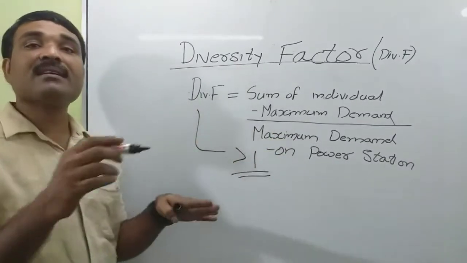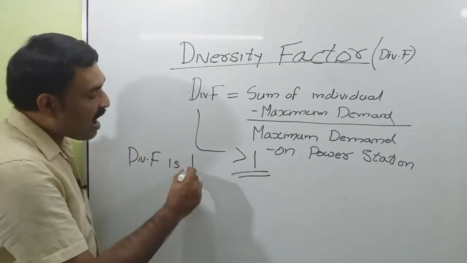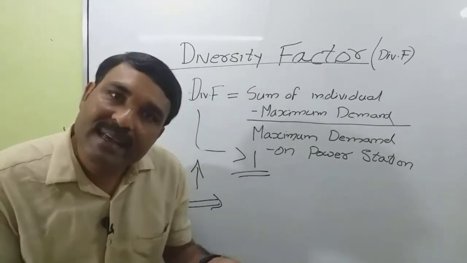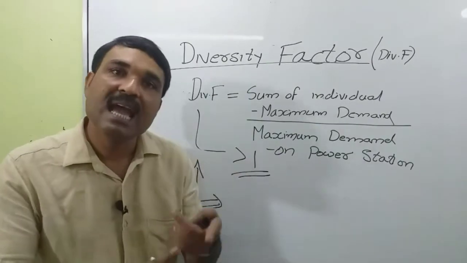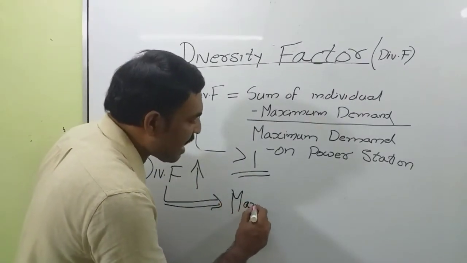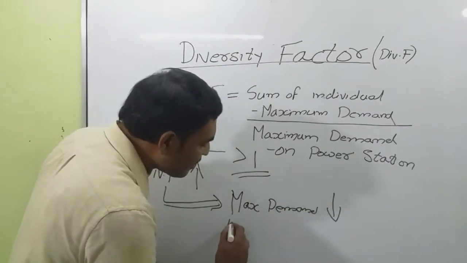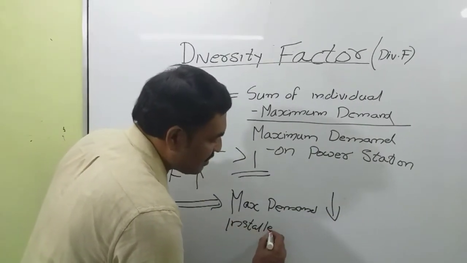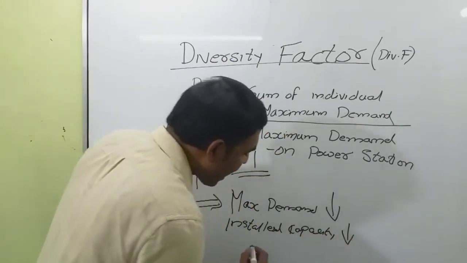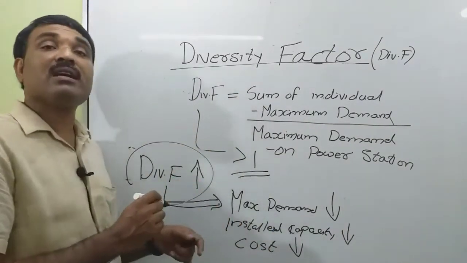If the diversity factor is high or increasing, that will result in a decrease in maximum demand, a decrease in installed capacity, and the cost also decreases.